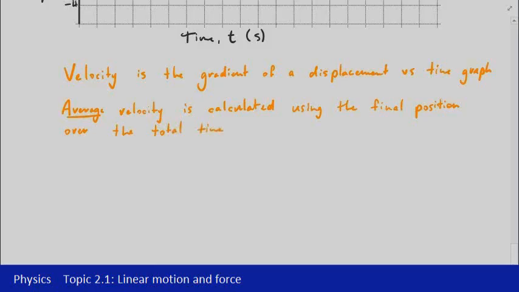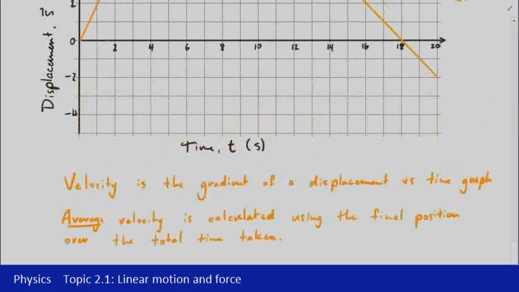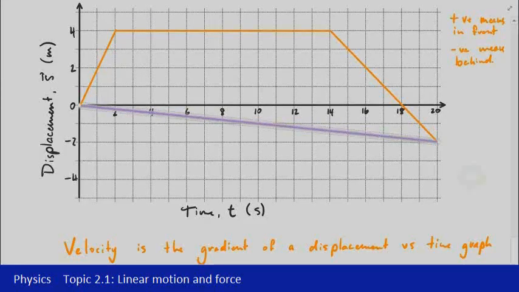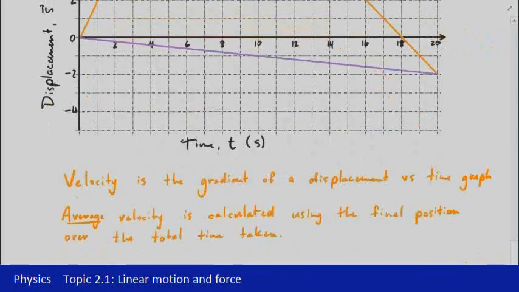So with the final position, in this case, it looks a little bit strange in this scenario because now the final position means that we're looking at this line here. So the final position is actually -2 meters and took a total of 20 seconds.